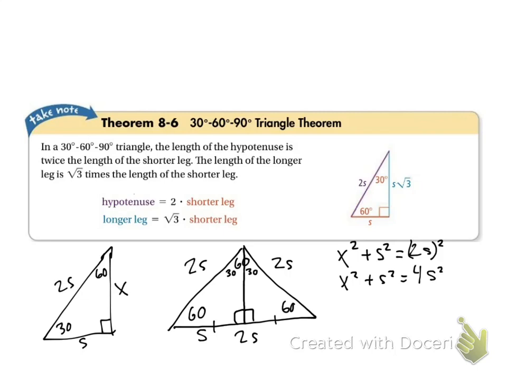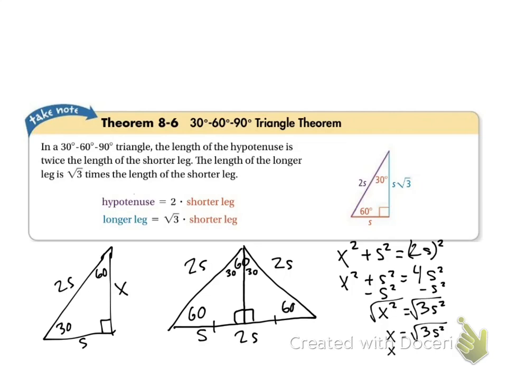I'm trying to solve for x, so I'm going to subtract s squared from both sides. So I get that x squared is equal to 3s squared. And then I'm going to take the square root of both sides, and I get that x is equal to the square root of 3s squared.